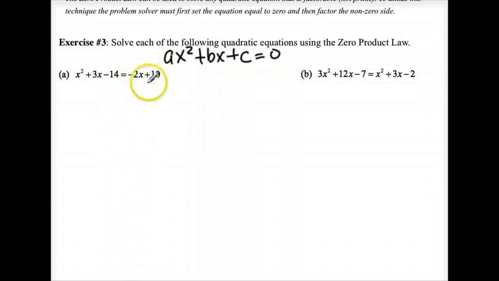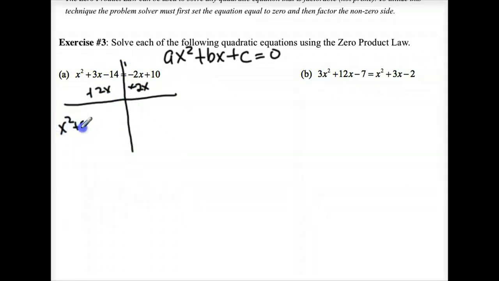Since not, I want to move all of these over so I can have something that looks like this. So the first thing I want to do is move the x. So I add 2x on both sides because I do the inverse. I like to draw my reverse. So I have x squared plus 5x minus 14 is equal to, these cancel off and I'm left with 10.